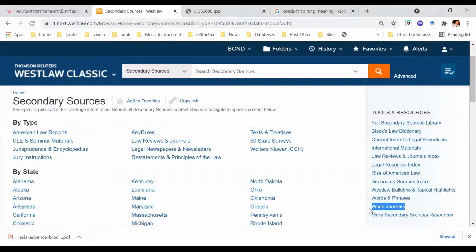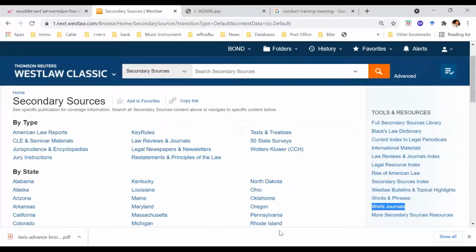World Journals is bigger, larger than law reviews. Law reviews and journals are a subset of World Journals, with approximately 1,700 journals and law reviews contained in World Journals. I will show you later.